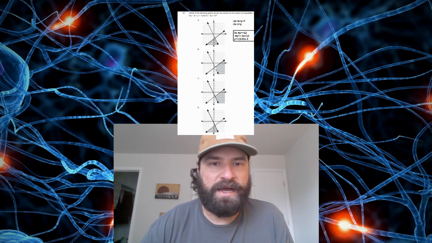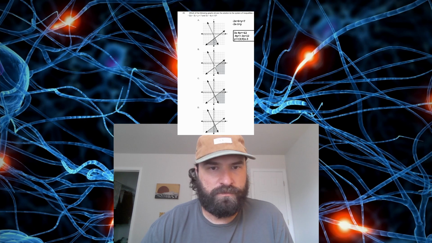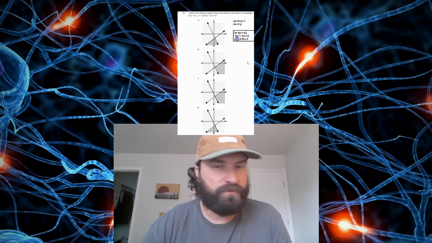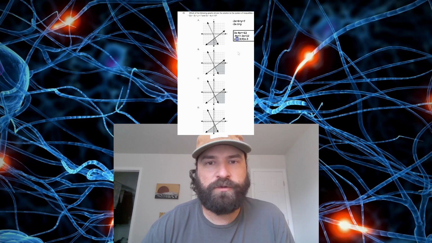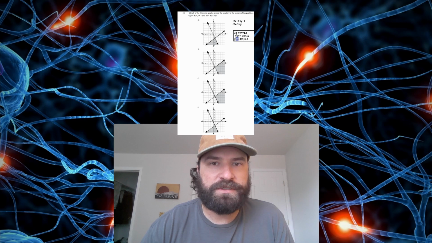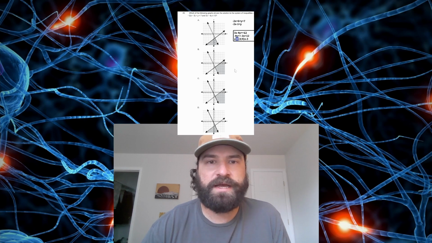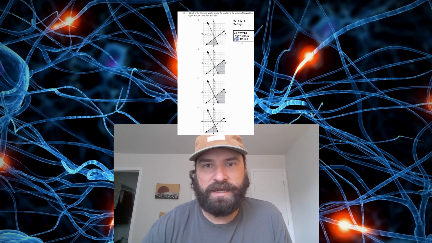And a dotted line means that the line does not include the values on the line itself. So when you have an equal sign in your inequality symbol, like greater than or equal to, that means it's going to be a solid line. If there's an equal sign, it's a solid line. If there's no equal sign, if it's just greater than or less than, then it's going to be a dotted line.